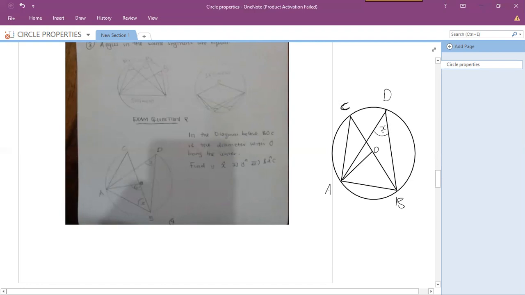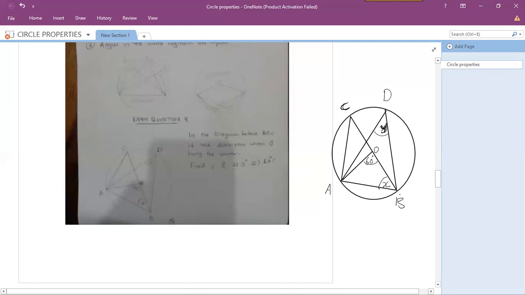So actually this looks like Y. So this is Y, and since this is angle Y, this angle here will be angle X, and this angle here looks like it is 60 degrees. So this is actually easy because I've actually explained everything. So we're trying to find angle X, angle Y, and angle BAC.